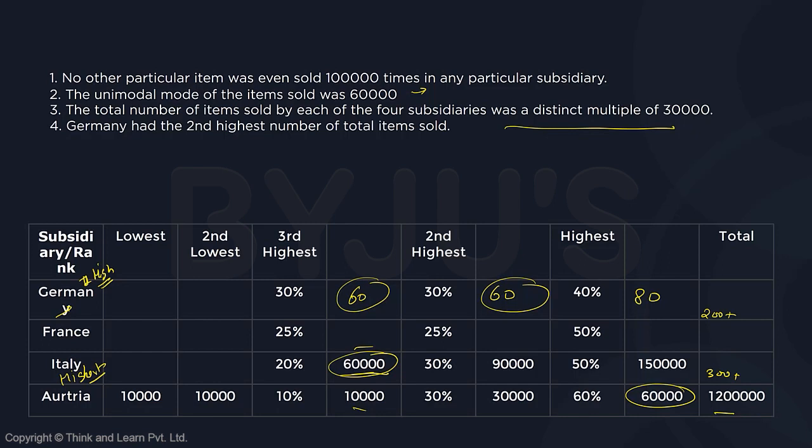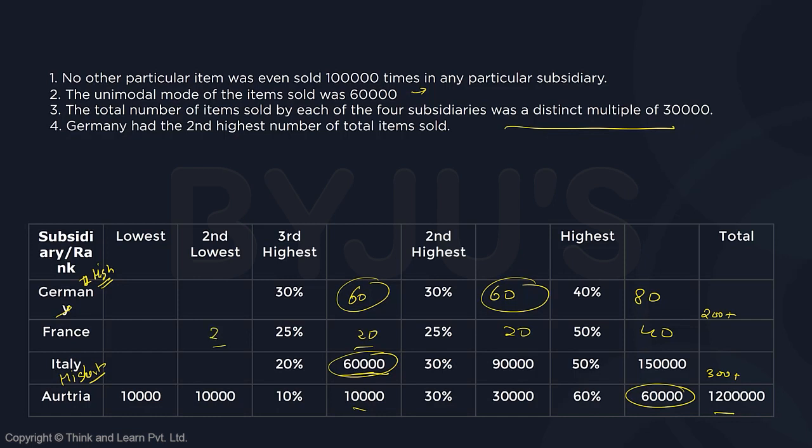Clear? Again, if I take 10, 10, 20, in that case these two also will be 10 and the mode will be 10 only, not 60, right? So this is again ruled out. 20, 20, 40 gives you 80. 80 plus 10 is not possible, 90 is not there, 120 I cannot make.